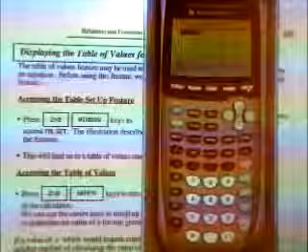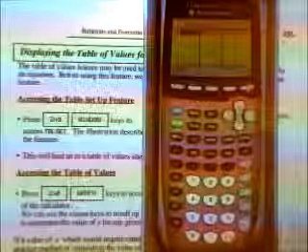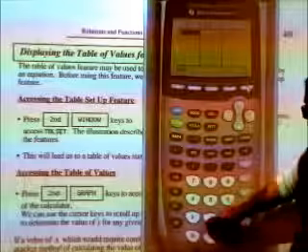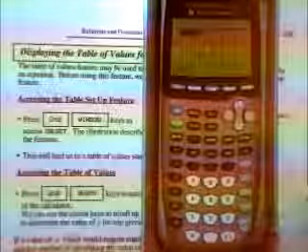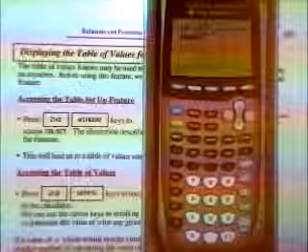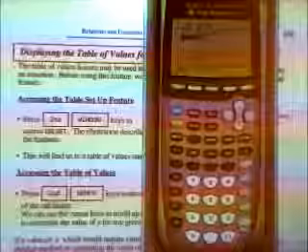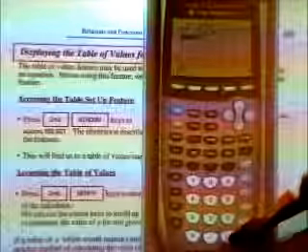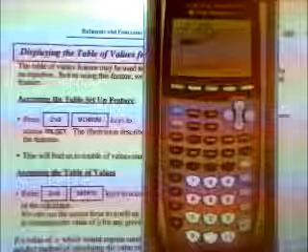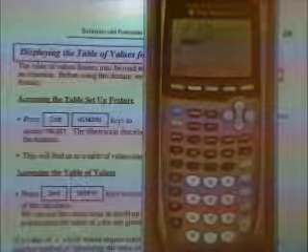It's because it's waiting for me to ask for the independent variable. So if I say, what is the value of the graph when x equals 3? I press 3 and enter, and it gives me the answer, 11.25. If I wanted to know what's the value of the graph when x equals negative 2.5, and I press enter, it gives me the answer, 18.125.